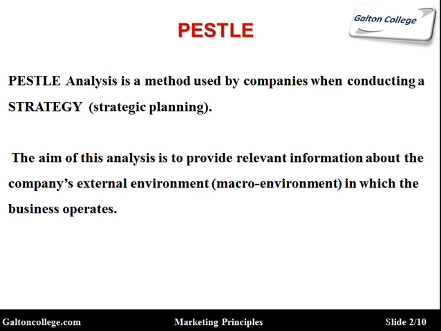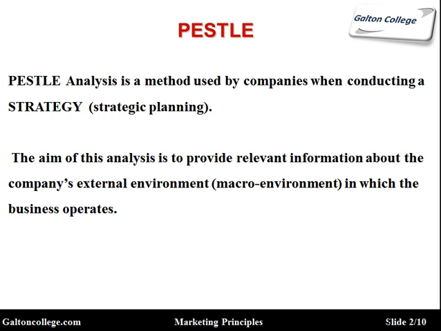The aim of the analysis is to provide relevant information about the company's external environment, the macro environment in which the company operates. So the main emphasis here is to try to link the company to the macro environment, to see how the wider influences influence the company.